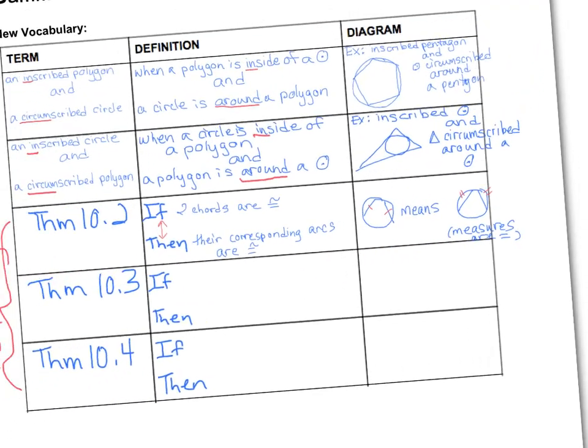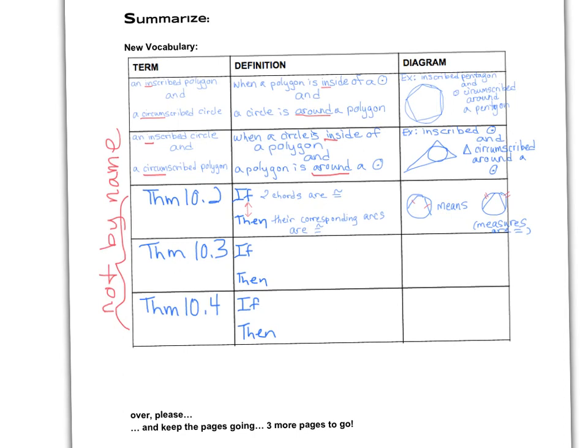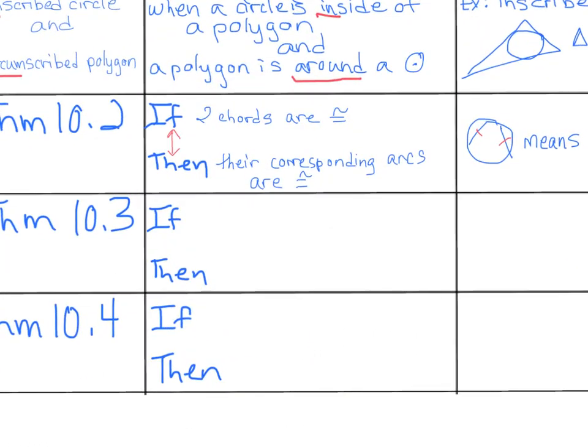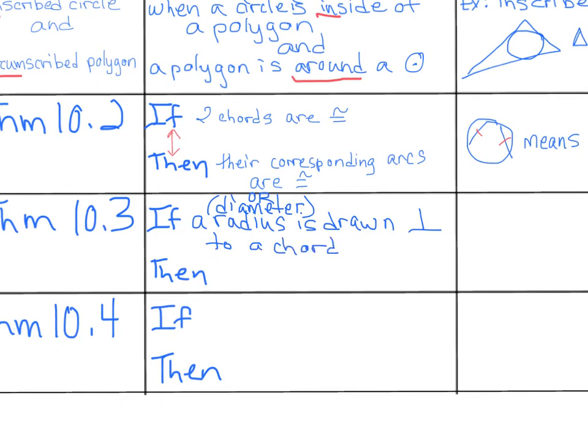The next theorem, 10.3, the if and the then on that one are still talking about chords, okay? But specifically we're talking about the situation if we know that a radius, or actually a diameter too, that is drawn perpendicular to a chord, then that means it bisects the chord.